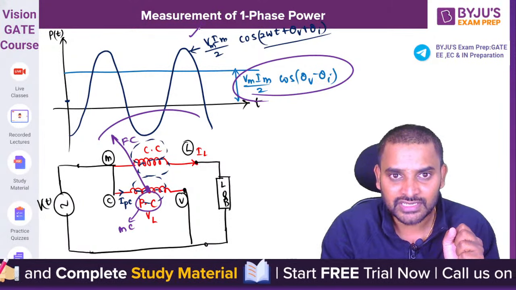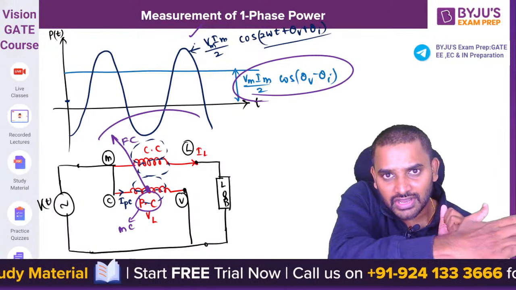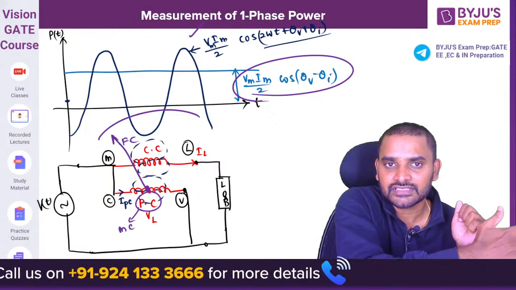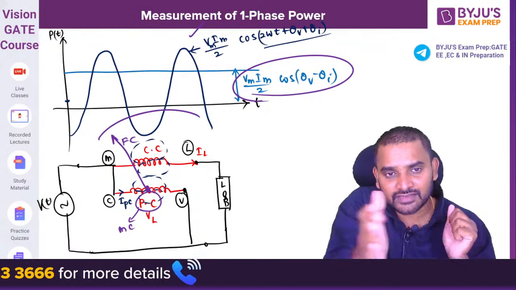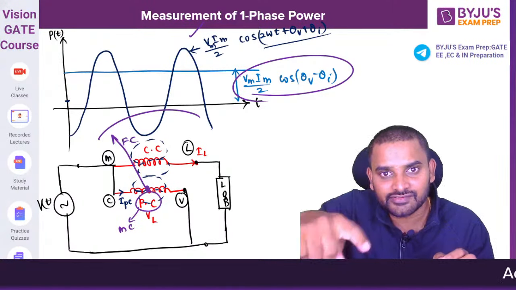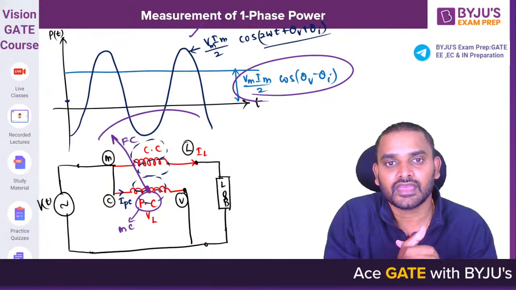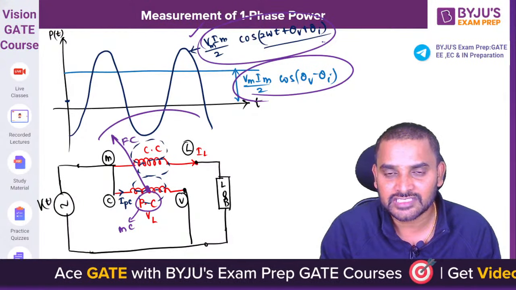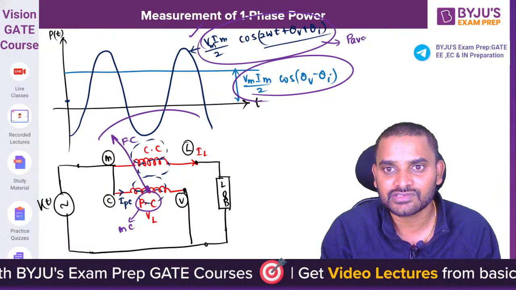But what about this one? For the positive half cycle, positive deflection. For the negative half cycle, negative deflection. On an average, over a particular period of time, the net deflection due to the double frequency term is going to be 0. The average power contributed by this term is going to be 0.